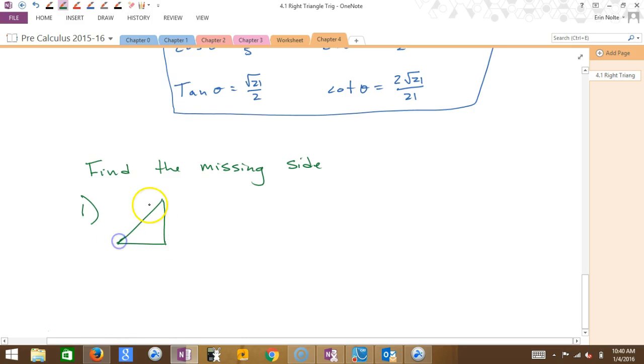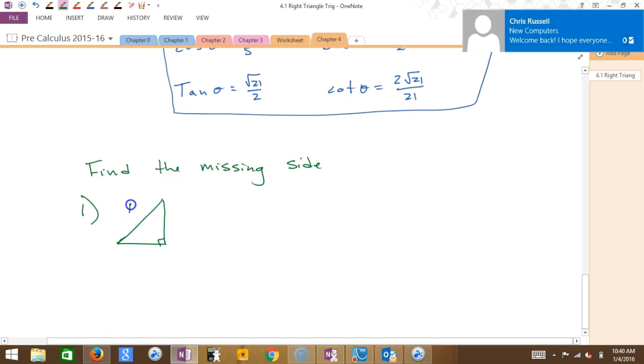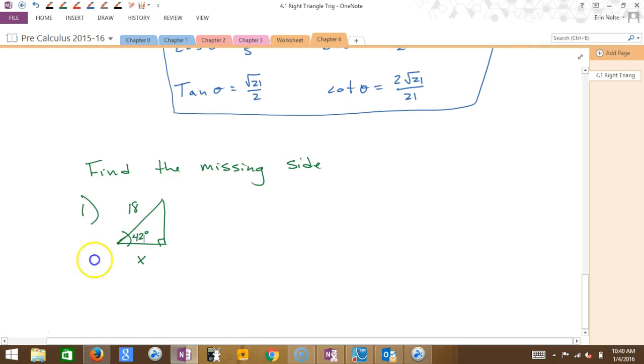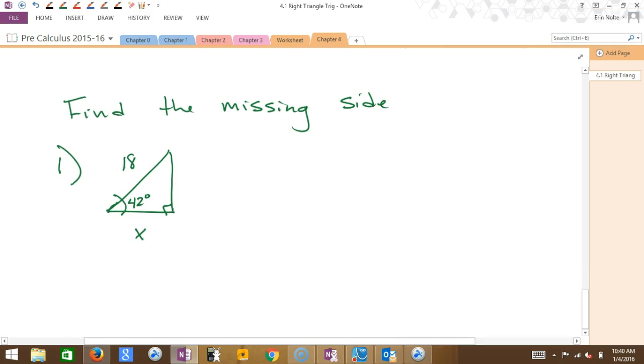Okay, so let's say we have our right triangle, the hypotenuse length is 18, the adjacent is x, and we're given an angle of 42 degrees. Can you see that? How's that? Better. Okay, so initially I have to make a decision. What are the two sides that are involved? So what trig function am I going to use?